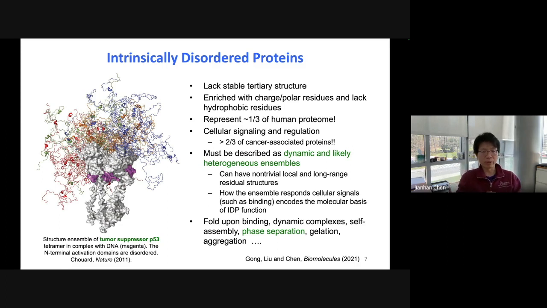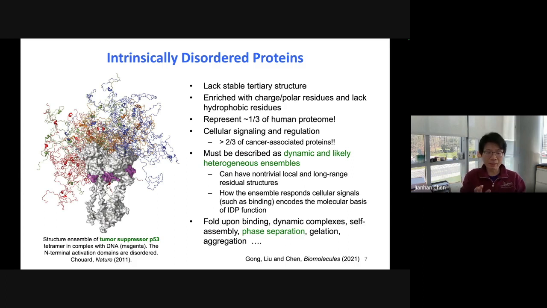More importantly, these proteins play critical roles in certain cellular functions, particularly cellular signaling and regulation. For example, about 2/3 of the proteins that have been annotated to be cancer associated have been classified as intrinsically disordered proteins. So these molecules really are the key switch or communicator of our cellular network.